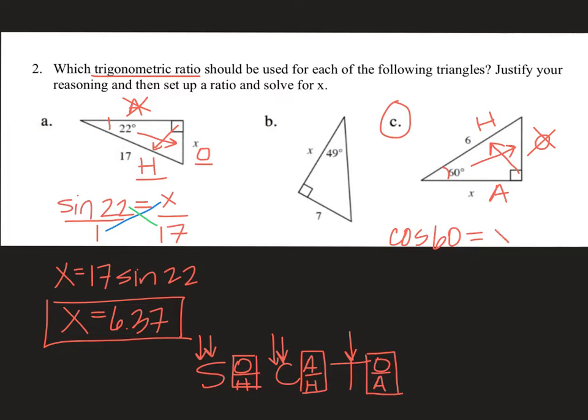Again, the order matters. So x over 6. I'm going to turn it into a cross product again. So I'll get x is equal to 6 times the cosine of 60, which is 3.